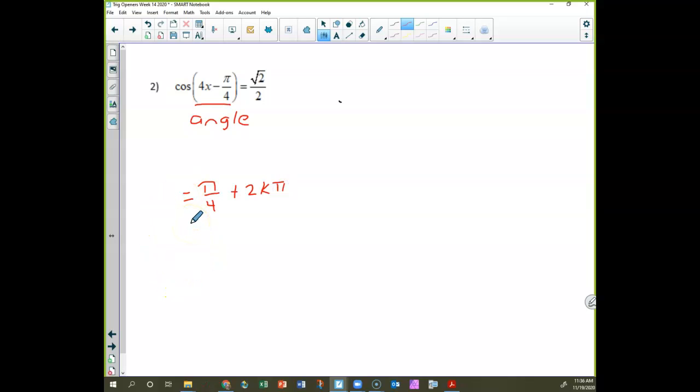Is there anything else I take the cosine of and I get root 2 over 2? What is it, Adam? Okay, 7 pi over 4 or negative pi over 4, whichever way you want to write it. It makes no difference. That's our angle.